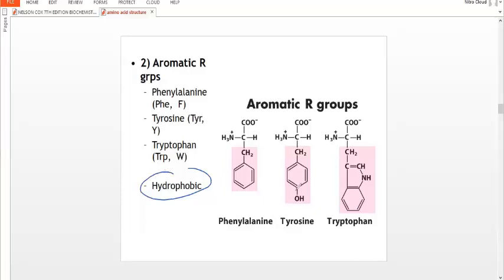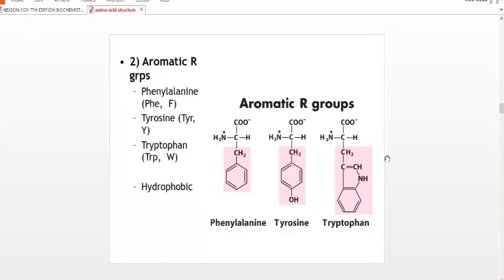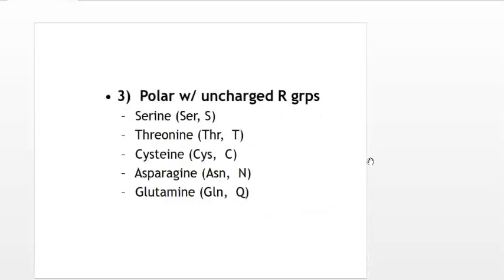Okay, you might say the hydroxyl group is there, so they must dissolve, but they are only sparingly soluble, meaning their solubility in water is very low. As you increase the functional groups, they may become more soluble. There are other polar uncharged R groups like serine, threonine, cysteine, asparagine, and glutamine.